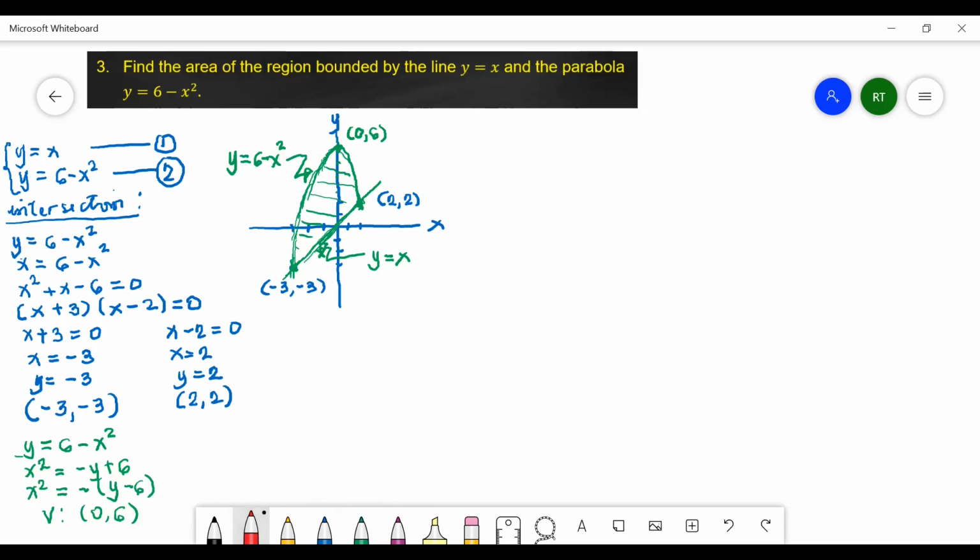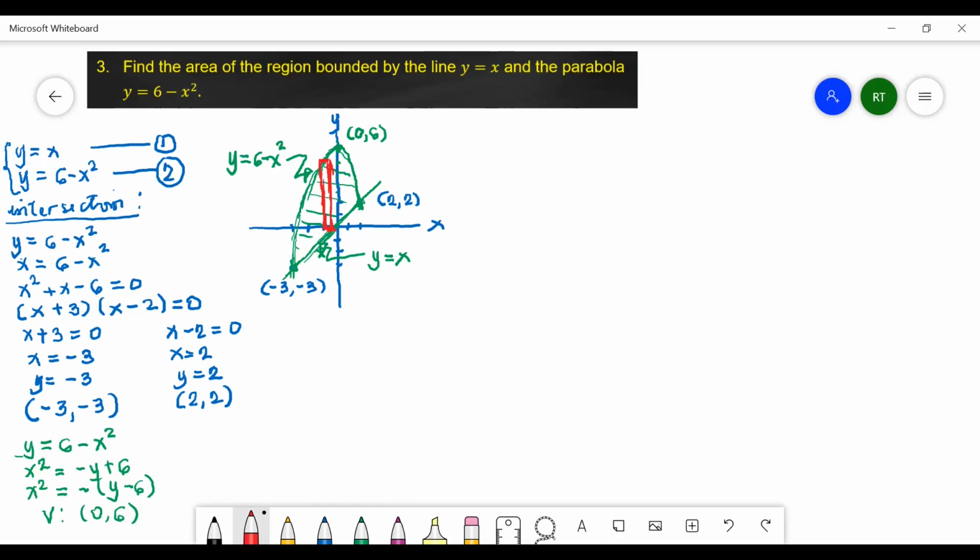So let us draw the representative element. Let this be the representative element. The representative element is vertical and it must touch the boundaries, bounded above by the parabola and bounded below by the line.